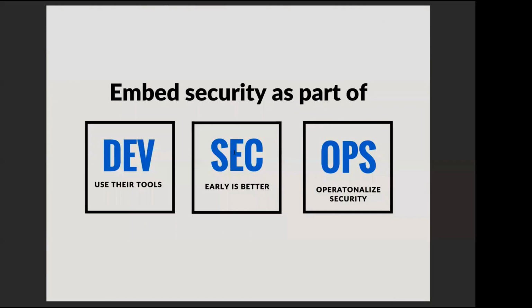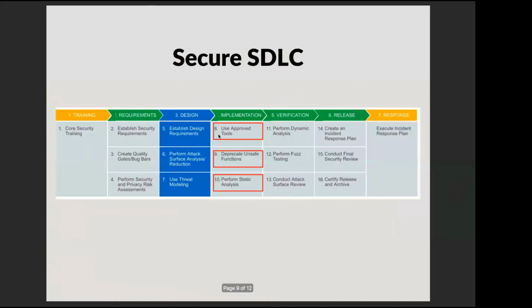We should start working on security from the requirements phase, then in the design phase, to the implementation phase, and until it goes into production, right? That's exactly what this diagram talks about, the Microsoft Secure SDLC process. Here in every stage of the SDLC, you have some requirements.